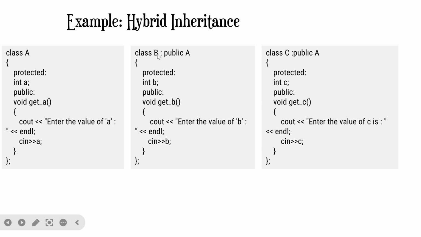Now B can access the get A function of class A. Class C can also access the function of class A, because class C and class B are both derived from the base class A.